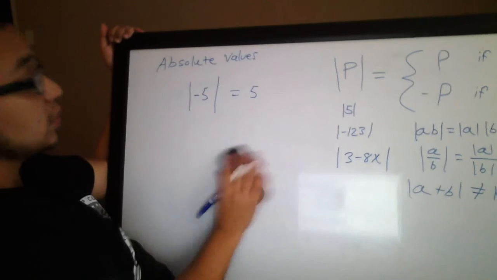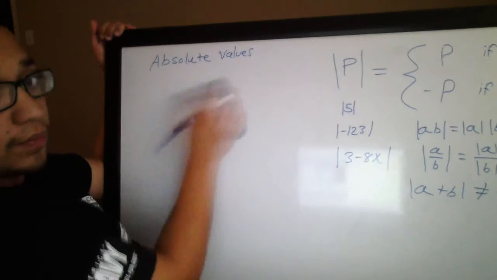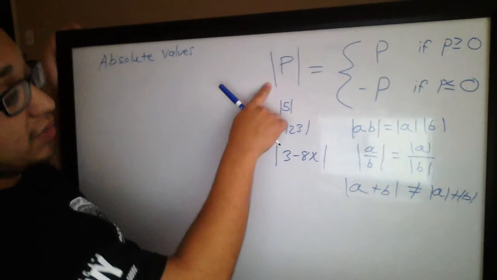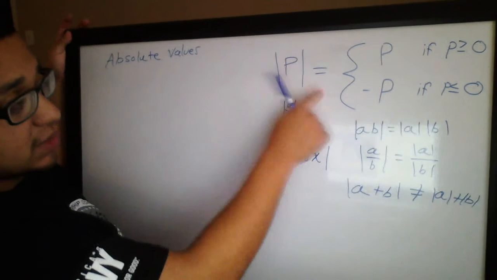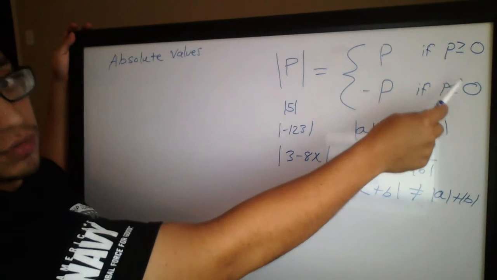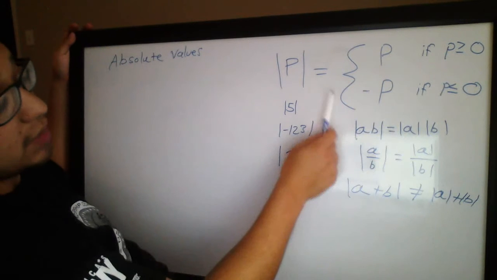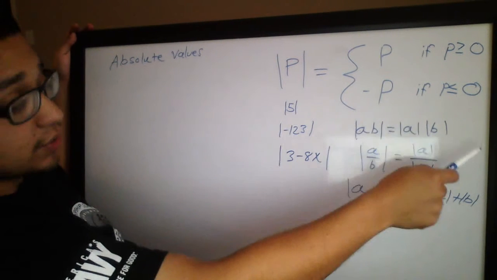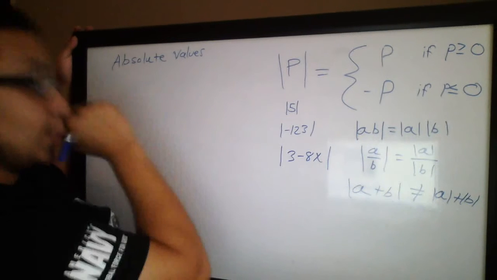So let's start with our little rule that we have here. The absolute value of P is equal to a positive P if P is greater than or equal to 0. And it's going to be equal to a negative P if P is less than or equal to 0. So, okay, what do we mean by that?